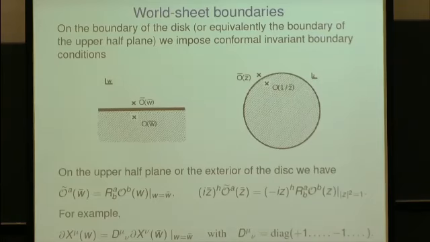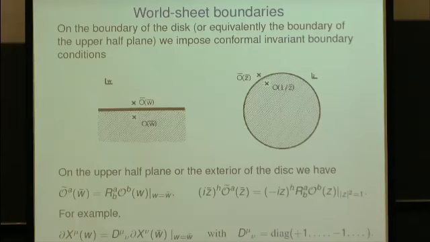The next thing we need is to impose boundary conditions. So we compute disk amplitudes, there's a boundary, so we have to impose boundary conditions. Now, these boundary conditions are, of course, imposed here on the boundary of the disk, but it's a bit easier to actually map the disk to the upper half plane, so the boundary conditions take an easier form.